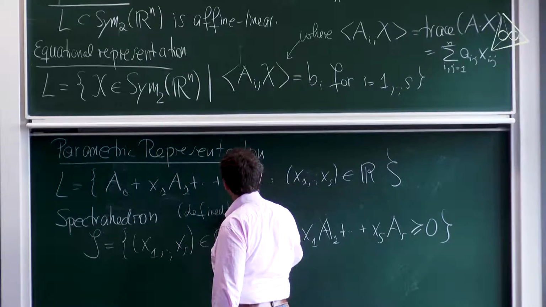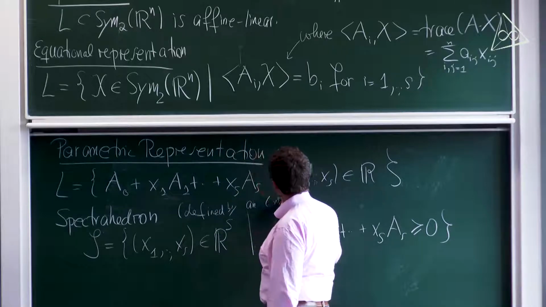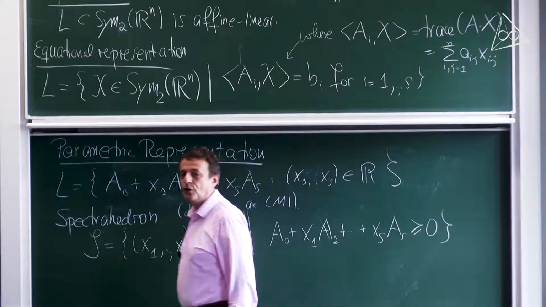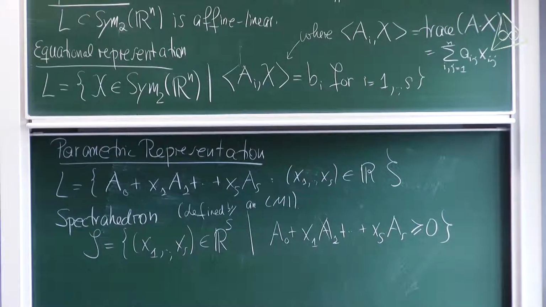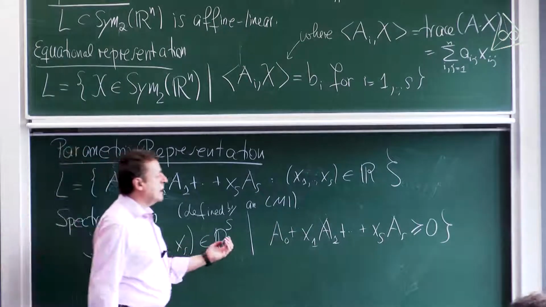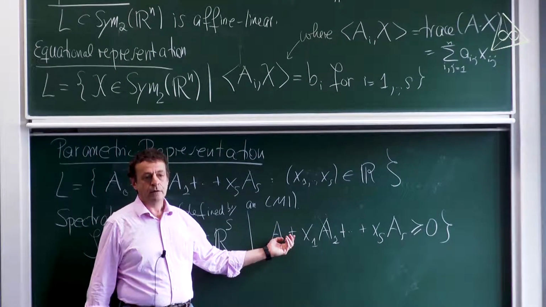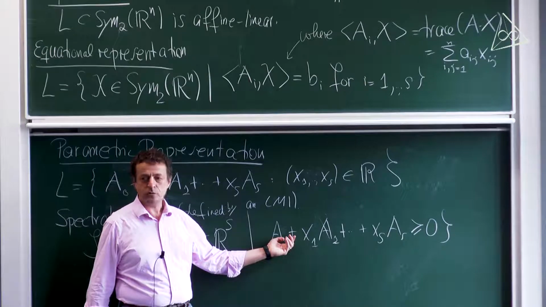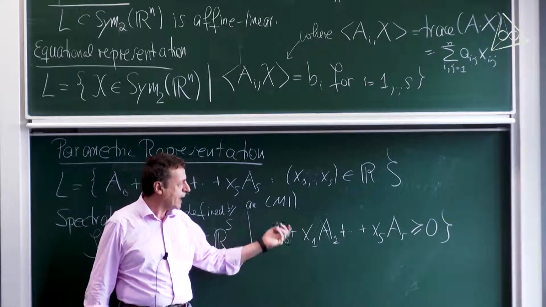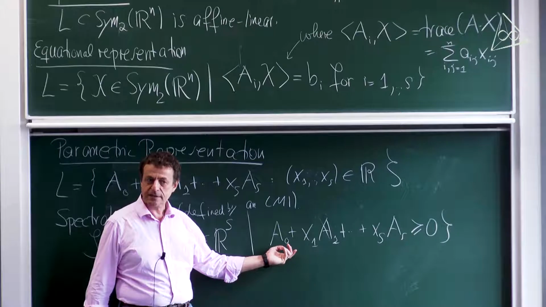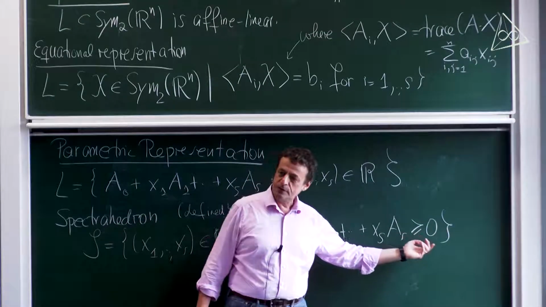So defined by an LMI. LMI stands for linear matrix inequality. A linear matrix inequality is where you have a symmetric matrix that depends linearly on some parameters, x1, x2, and so on. And a matrix inequality just says the matrix is positive semi-definite.